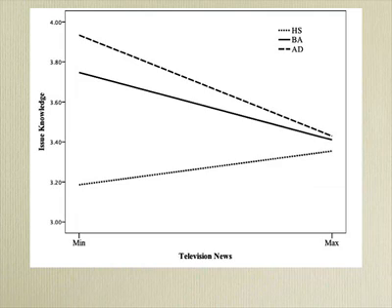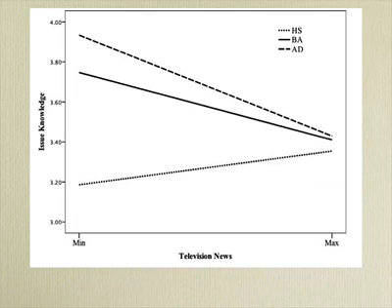The slope of the line, of course, is steeper here for advanced degree than it is for a bachelor's degree. There could be a number of reasons for that. It's a bit counterintuitive. One would think the more media that you consume, the more you should know. But in this case, it really is the nature of television news.